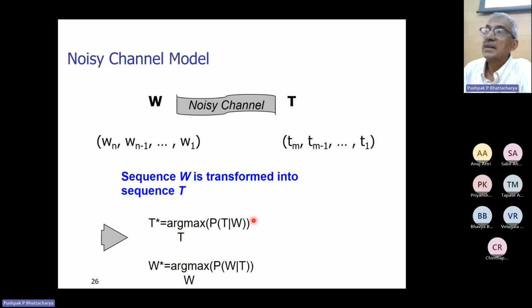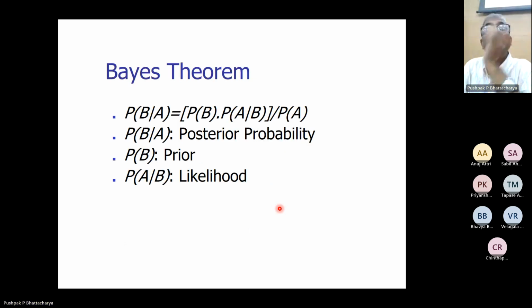The statistical machine learning systems which preceded deep learning explicitly modeled this probability of output given the input. So hidden Markov model is a classical statistical machine learning system, which I'm going to use for sequence labeling.